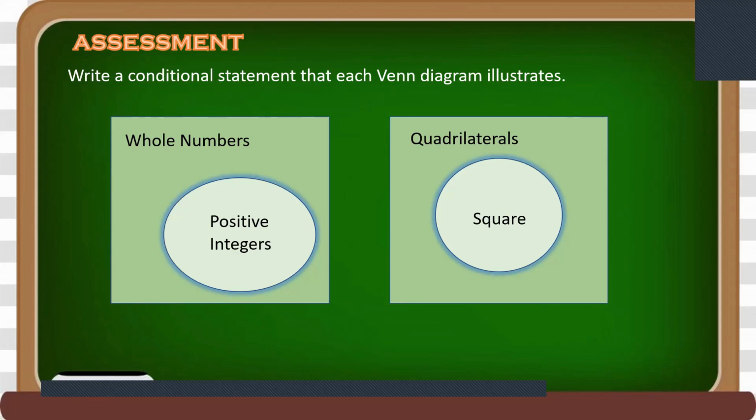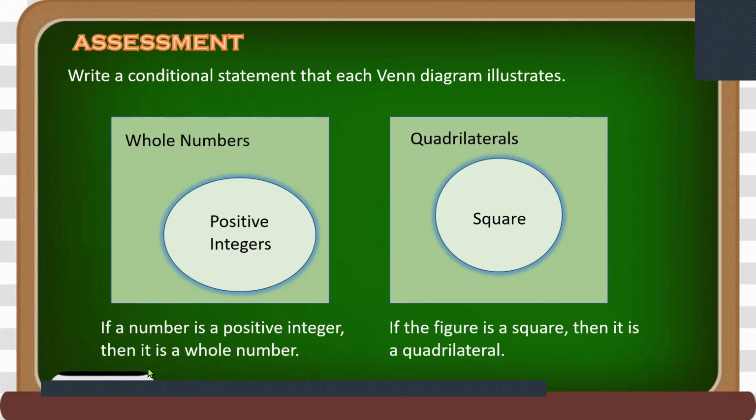Okay, if your answer, if a number is a positive integer, then it is a whole number. Look at this, positive integer, ating hypothesis. And our conclusion, it is a whole number.